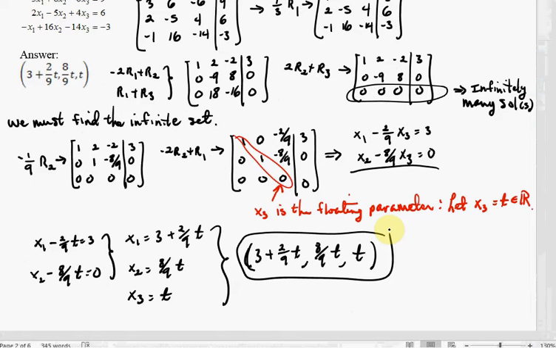They had a row of all zeros, and they just said infinitely many solutions, but they didn't tell me exactly what those solutions were. So here you have to tell me what they are. Right? X sub 1 is what? X sub 2 is what? X sub 3 is what? So thank you, sir.